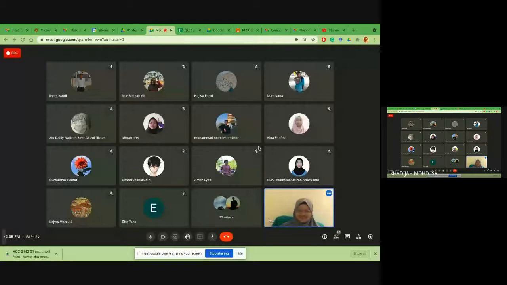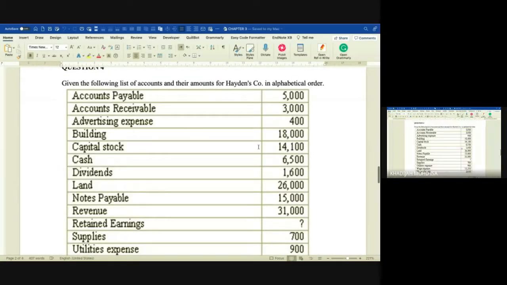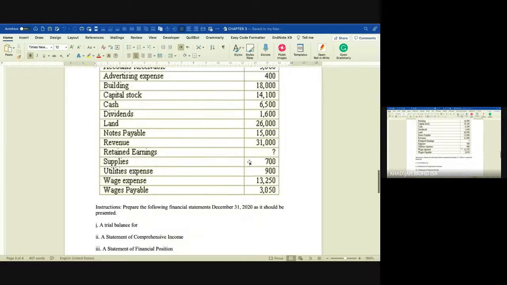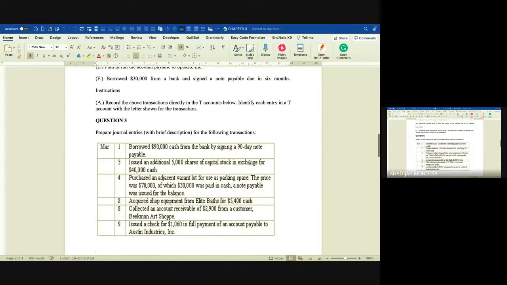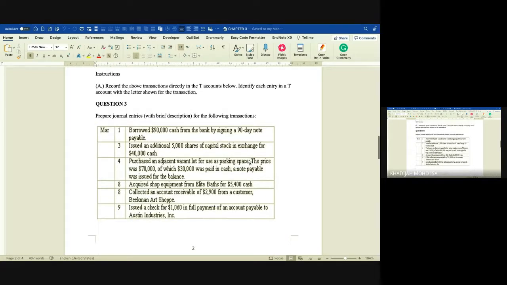Okay, let's look. Can you see this question number 1 here? I'm not sure whether it's too difficult or okay. Let's try the balance straight away, prepare journal entries.